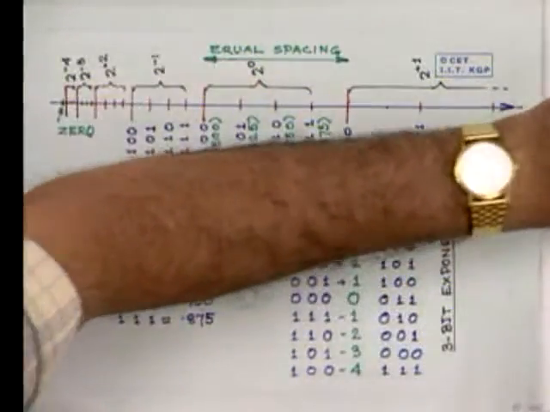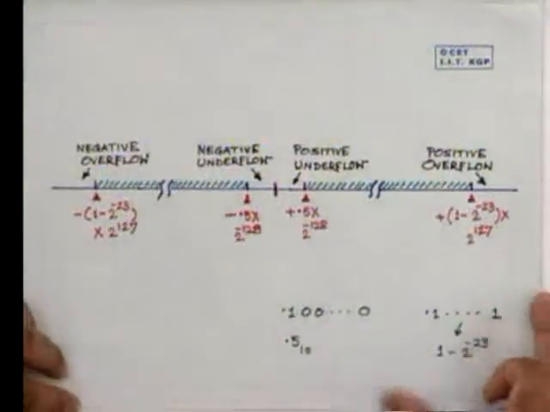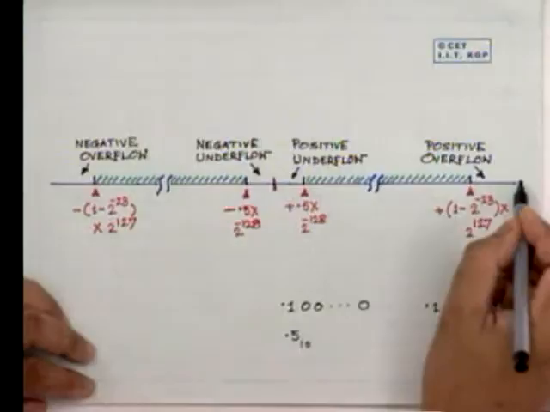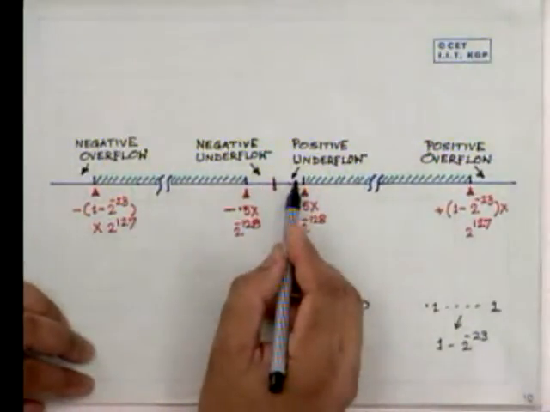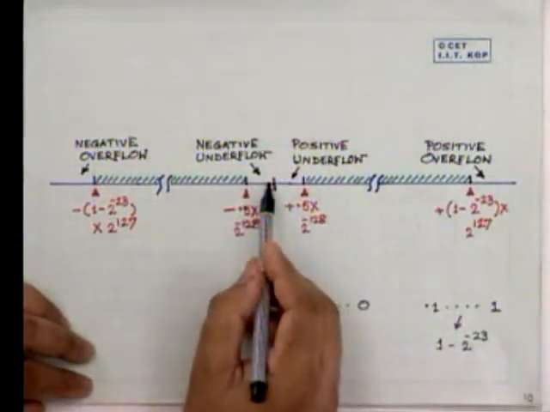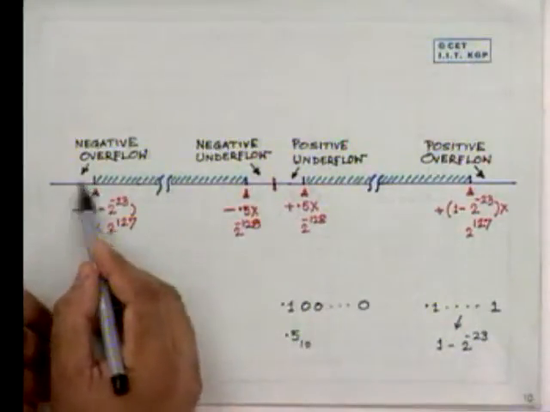We have taken the representation here. We say that there can be an error in that overflow here, a positive underflow here, a negative underflow here, and a negative overflow here.